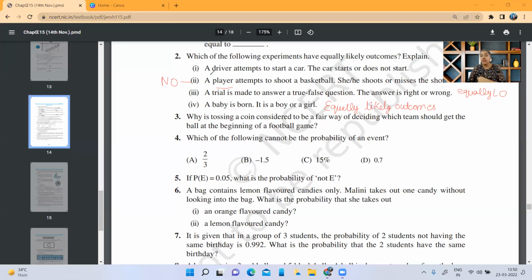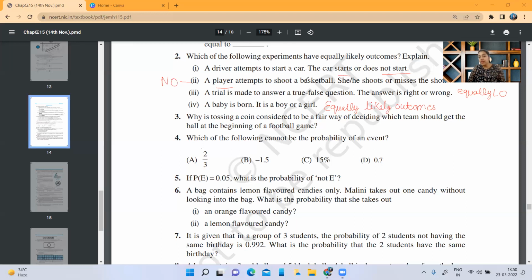Again, for the first one, a driver attempts to start a car. A car starts or does not start. While starting a car, just think about whether you have any factors to consider before starting it. Yes, of course, we have some factors. It depends on the car's health. There can be a lot of factors, like if there is no petrol in the car, or if the car is damaged somewhere inside.